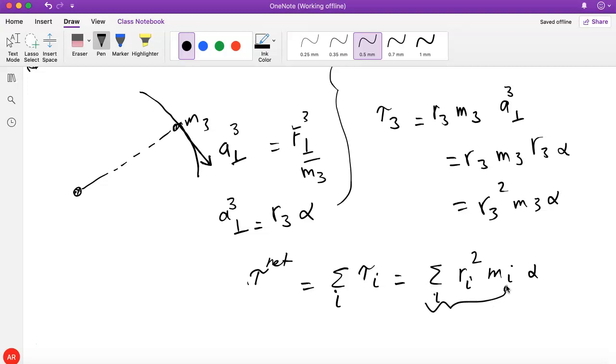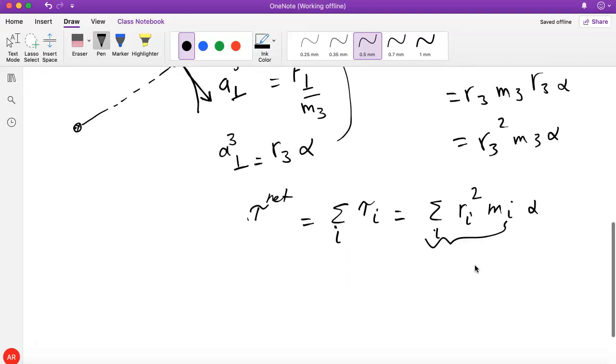And this quantity, that sum, if I factor out alpha, which doesn't depend on which piece I'm considering, if I'm thinking about a rigid body where all the distances are the same, is just the moment of inertia around that axis. So tau equals I alpha is not a new kind of fundamental equation.